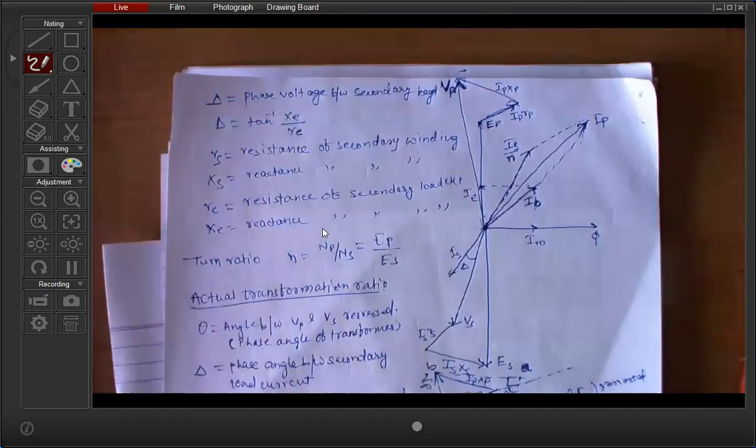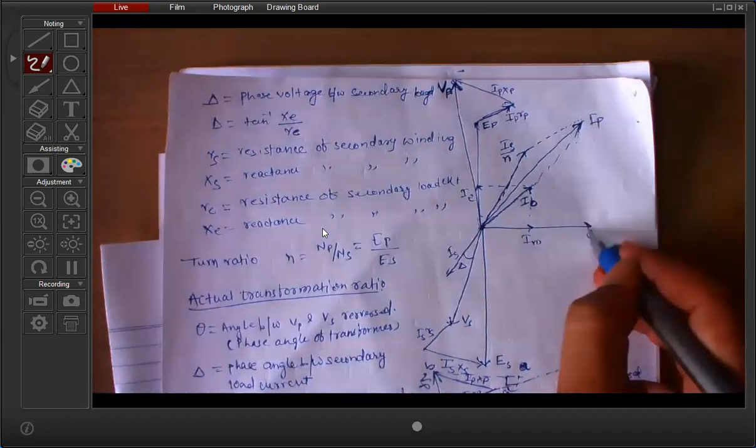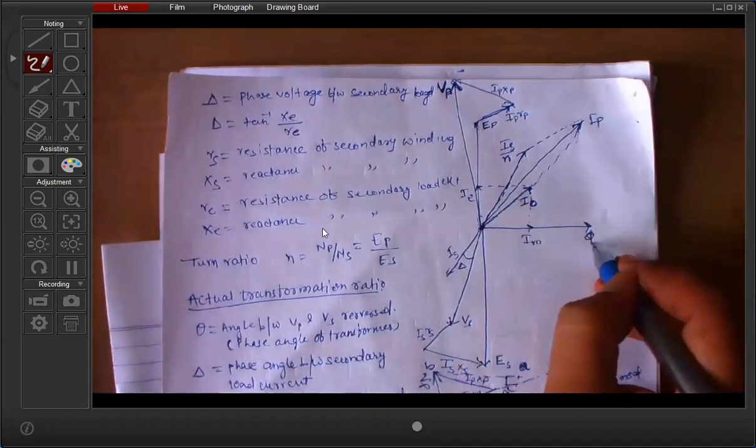Now we have to draw the phasor diagram of a potential transformer. It is almost the same as for the current transformer, or a normal transformer. Suppose this line is called the flux line.